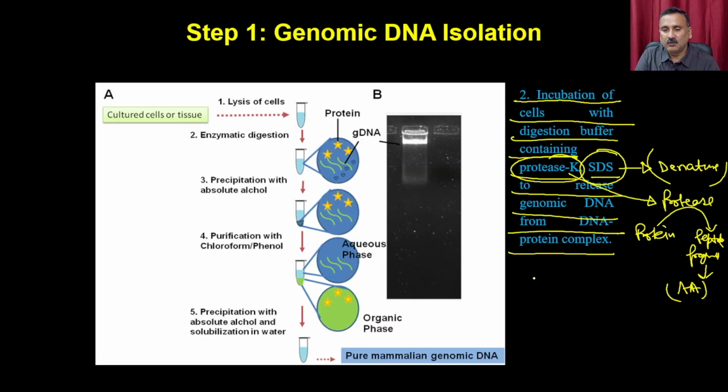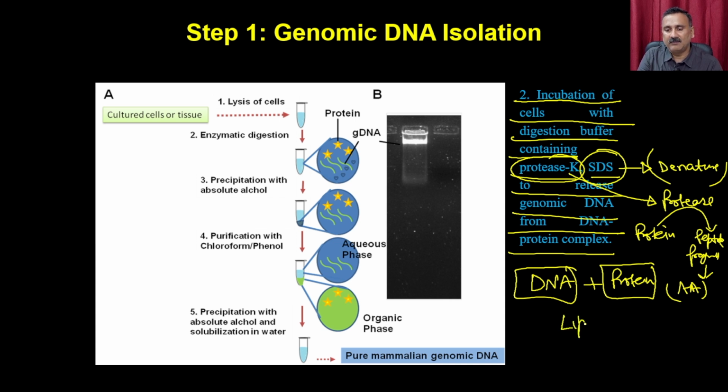So, it is going to start chewing up the proteins, and ultimately what you are going to get is the DNA, which is separated from the DNA protein complexes, plus the protein from the cellular content, and the lipids, because lipid is also present in the cellular material, and some minor components, for example RNA.